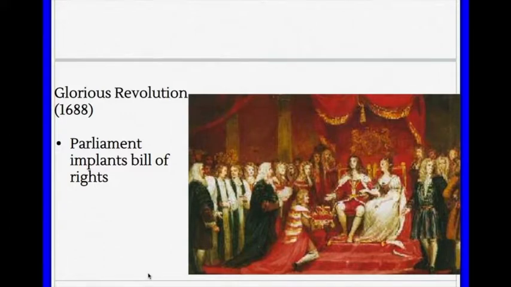So Parliament took over and implemented a Bill of Rights, and these are civil rights. Civil rights such as freedom from unreasonable searches and self-government, which is taxation only by their elected representatives. They also included civilian rule and not military rule. These are all ideas of freedom that spread to the American colonies.